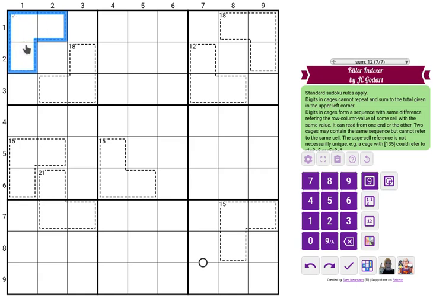And two cages, let's say this cage of 12, might refer to some cell here, but another cage, this one, cannot refer to the same cell. So the referred cell would have to be unique for the cage.